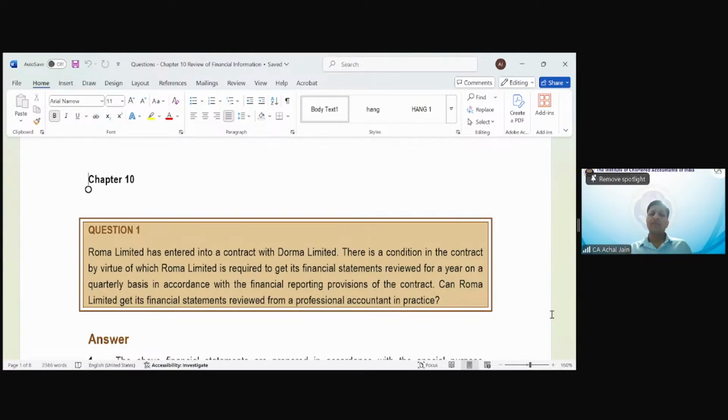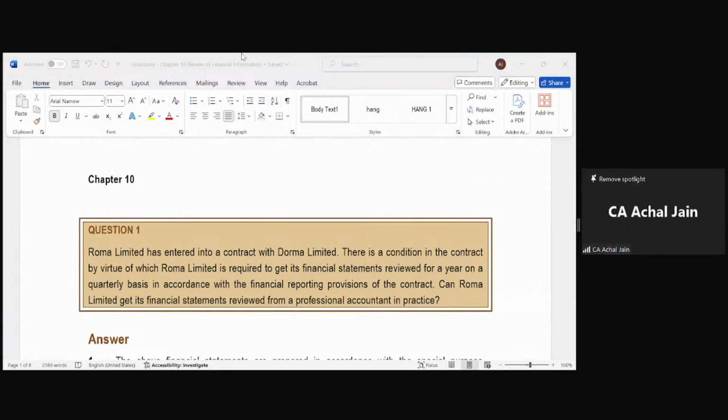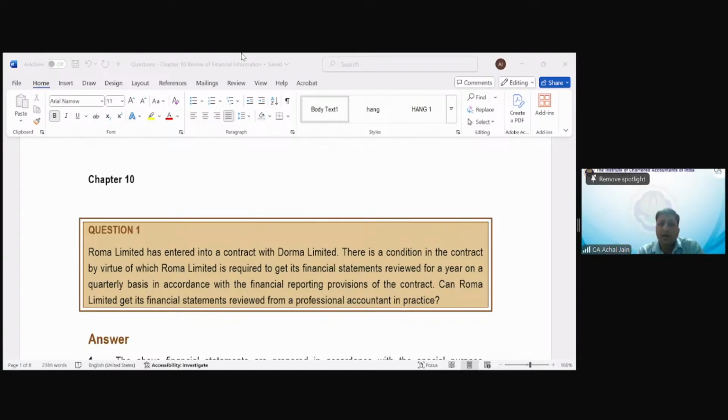Yes, sir. In this case, it is applicable. Your voice is very low. Quickly. Yes, sir. Roma Limited is entitled to review their financial statements by other professionals. Others, what do you mean by others? That means other than the statutory auditor.